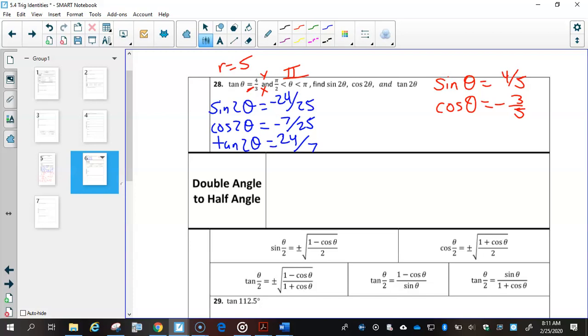Alright, so just like we did yesterday, we are going to go from double angle to now half angle. This will be the last type of identity we do. Now I will say this process is a little long, so memorizing the formulas would probably be easier, but I'm still going to show you just in case you want to see this.